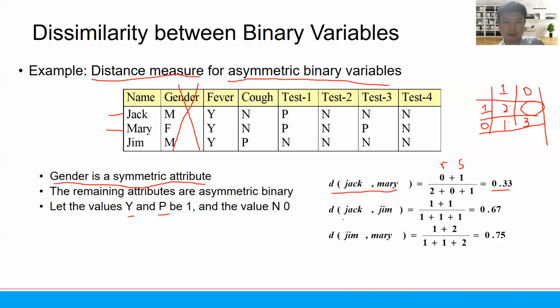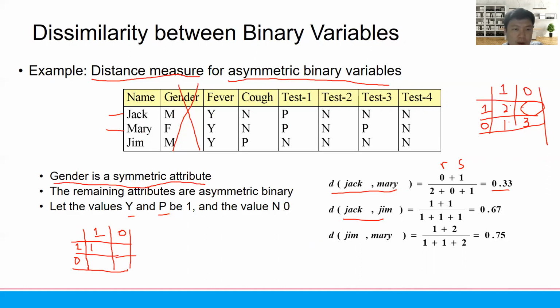What about Jack and Jim? Let's see, Jack and Jim. We need to build the contingency table. With this contingency table, we have 1 and then 0, and the respective of Jack will be the first. So the Jack, Y and Y, we have 1.